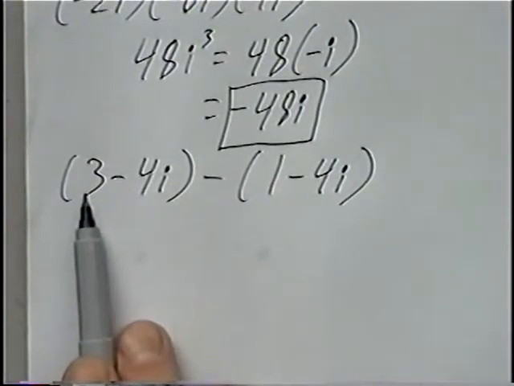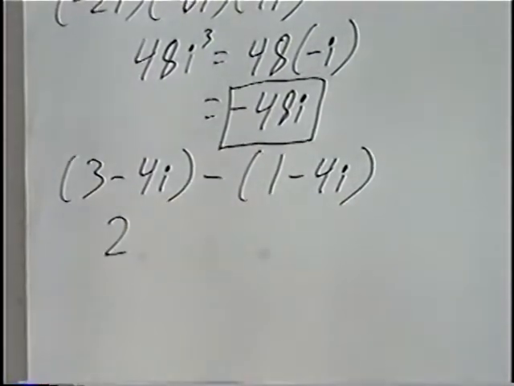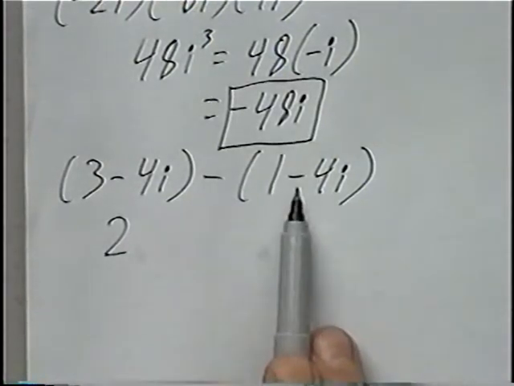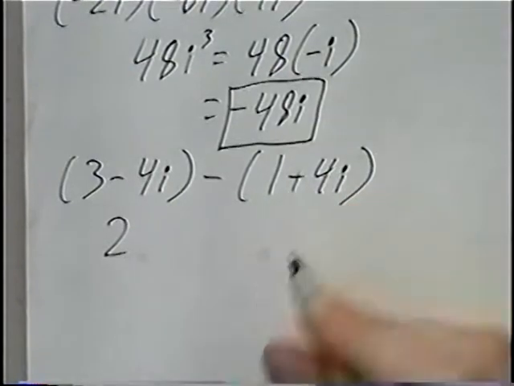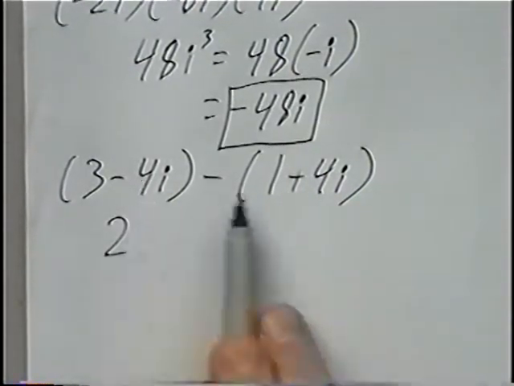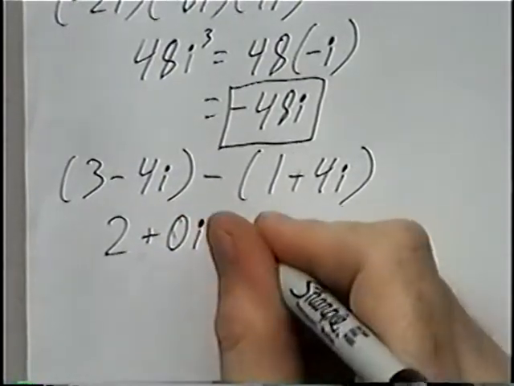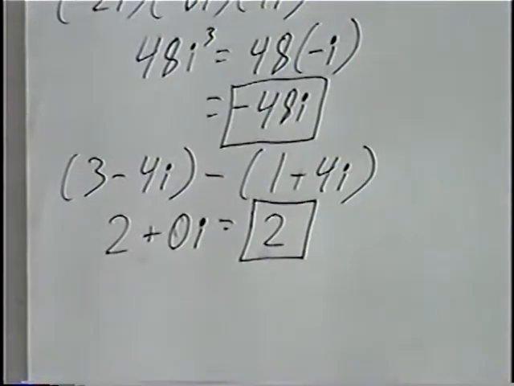If we start with the 3 and combine it with the 1, 3 minus 1 would be 2. And we'll also have a negative 4i minus a negative 4i. Minusing a negative 4 is the same thing as adding 4. Negative 4i plus 4i would be 0i. 0i we can leave off, so the answer would just be 2.